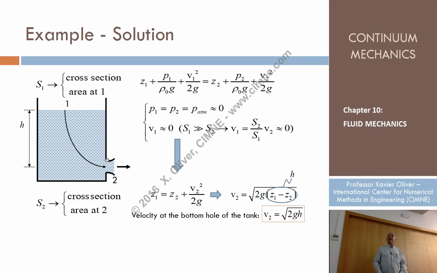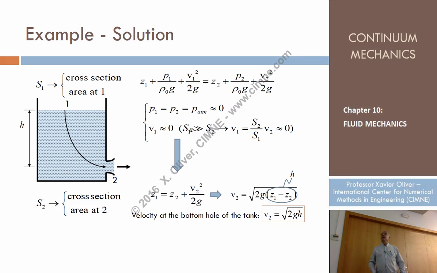Now let's consider the end of the streamline, point 2. What is the elevation? Well, if we take this as the reference, elevation is 0, right? What is the pressure? Well, this is known. For instance, if that is an opening to the air, which is the case, the pressure is atmospheric pressure. And then the velocity, well, that's what we want to compute.